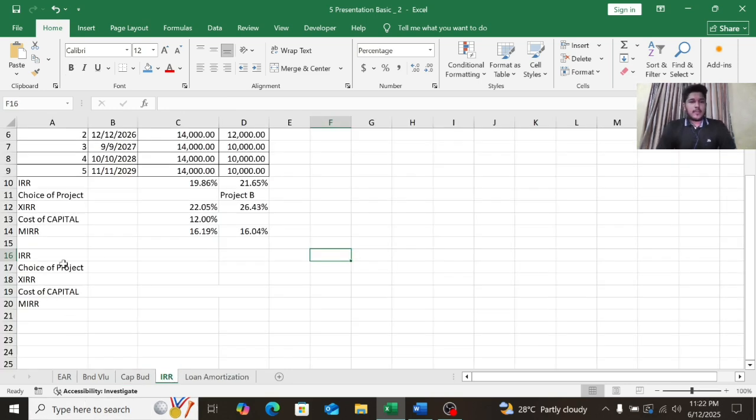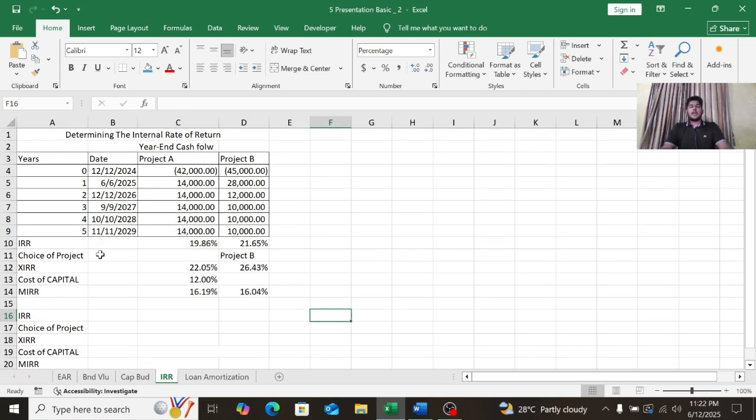Now here comes the most important part of calculating the internal rate of return. IRR has some limitations. It doesn't account for the different timings of cash flows, since transactions can happen in different time segments of a year and different time zones.